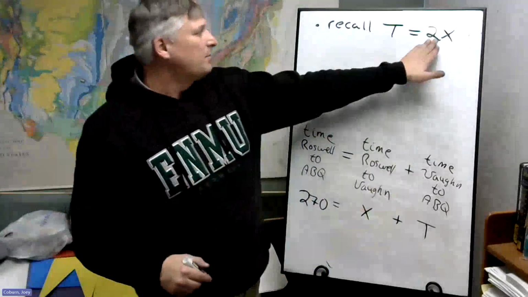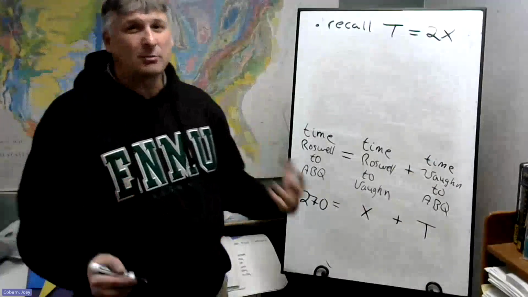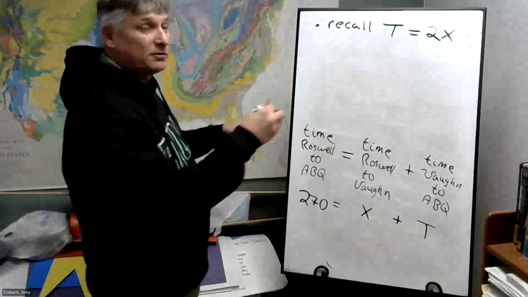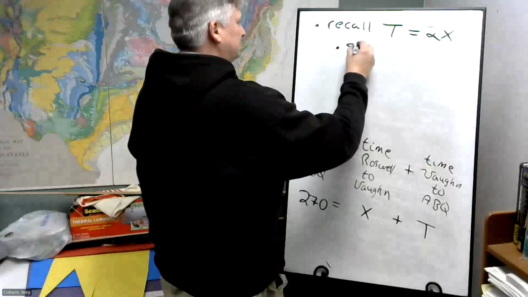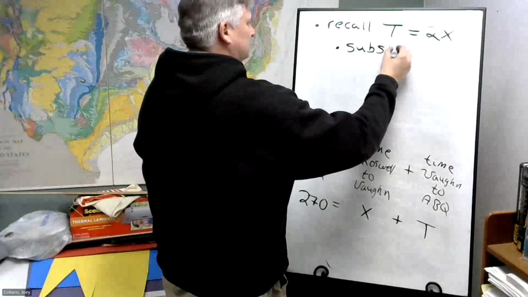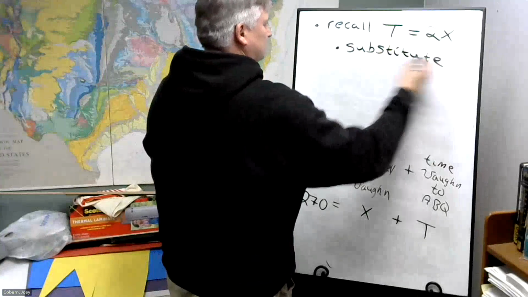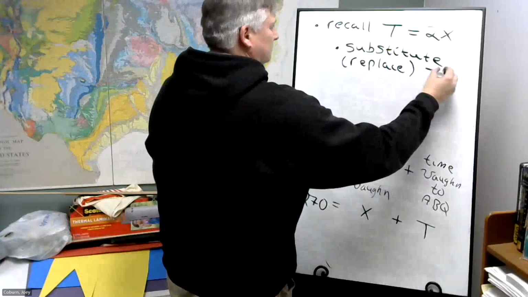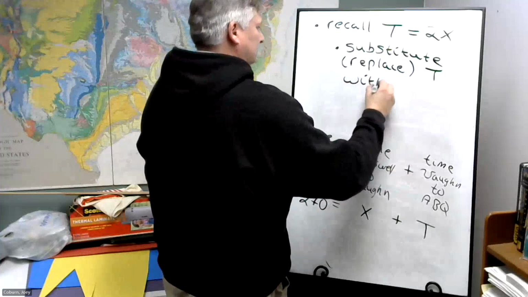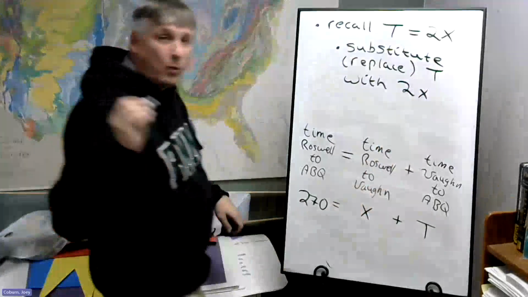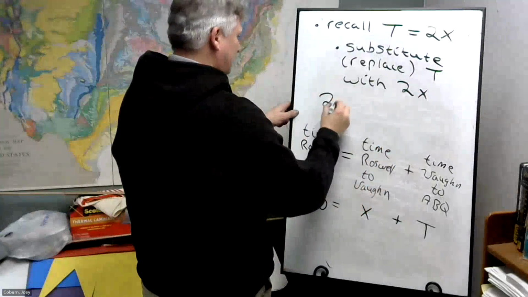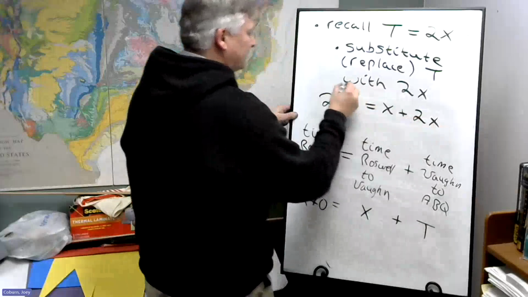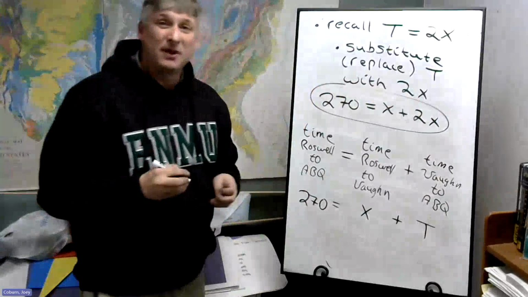But in our problem, it's this. So we're going to substitute or replace t with 2x. And when we do that, we have an equation with only one type of variable, and that type is x.